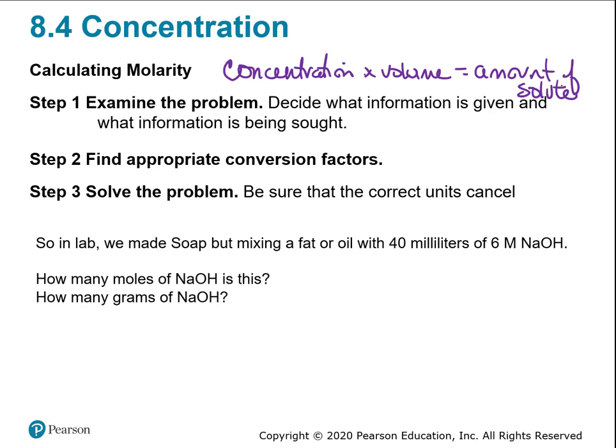So for example, in lab, we made soap. We made soap by mixing a fat or an oil with 40 milliliters of 6 molar NaOH. You remember that bottle that was in the fume hood, it was a 6 molar, and maybe you didn't notice that it had that 6 capital M in front of it, but it's a 6 molar solution.